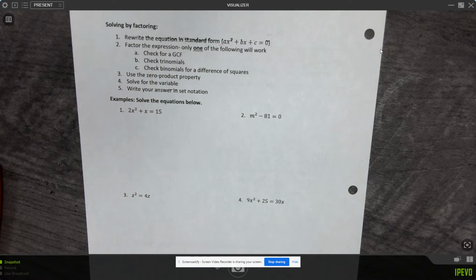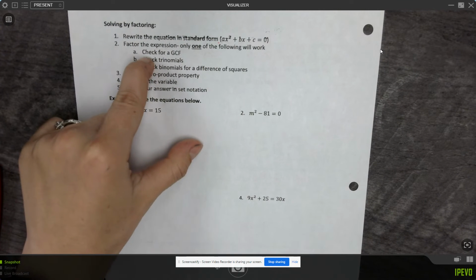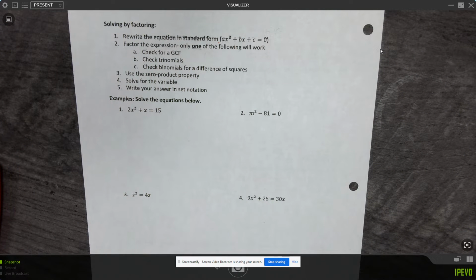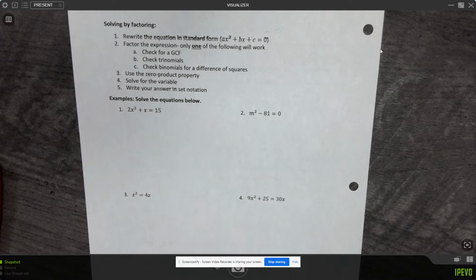There are 3 types that you are going to potentially have in this lesson. But here's the nice thing, is that each equation can only factor using one method. So you're going to check for GCF. If there's a GCF, you do not need to check anything else. It's a GCF, then move on to number 3. If there's not a GCF, you can check for your trinomials.